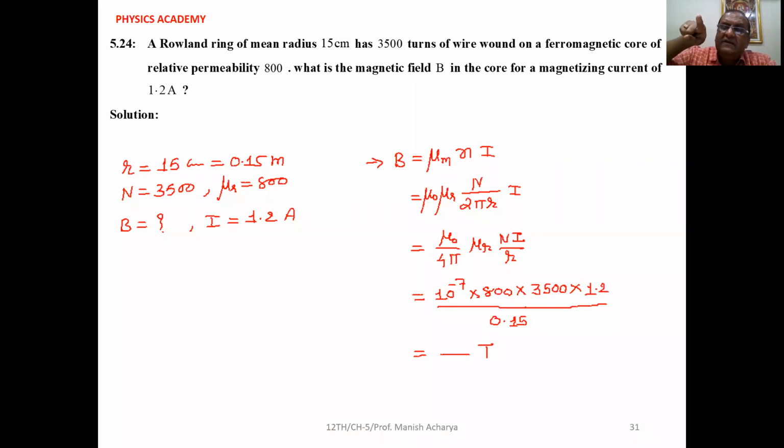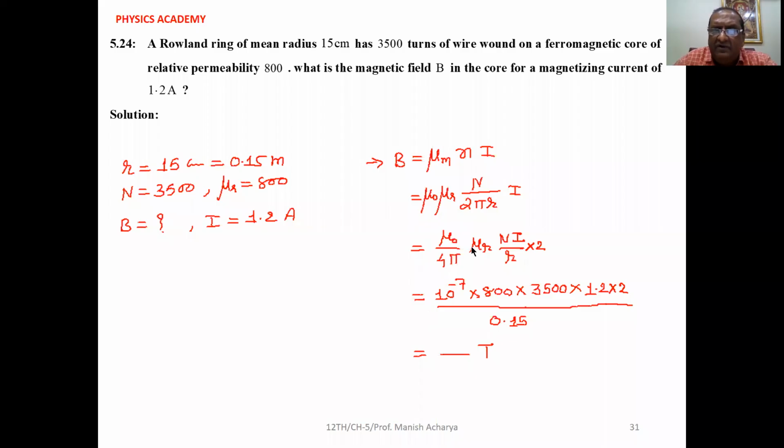So we can say this much number of turns are on the circumference of the toroid. So total number of turns divided by total length, that is the circumference, that will give you the number of turns per unit length. So N upon 2 pi r into I. So here we can write mu 0 upon 4 pi mu r and I upon r, here multiply by 2 also.